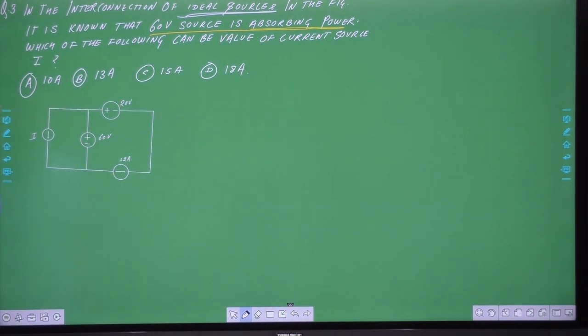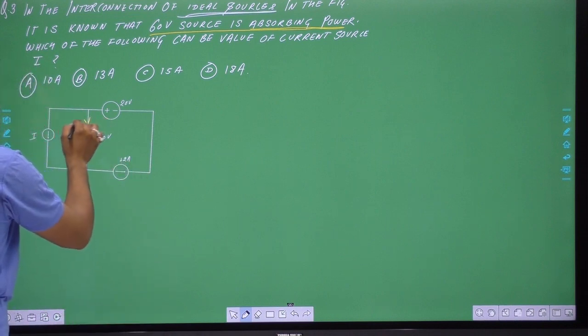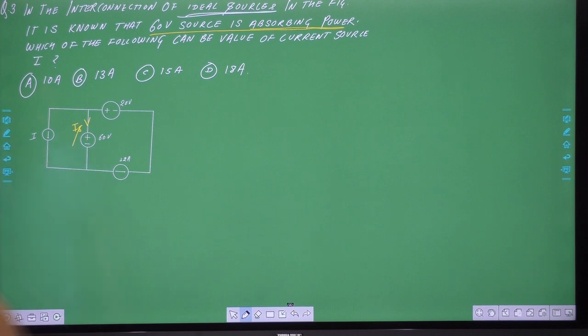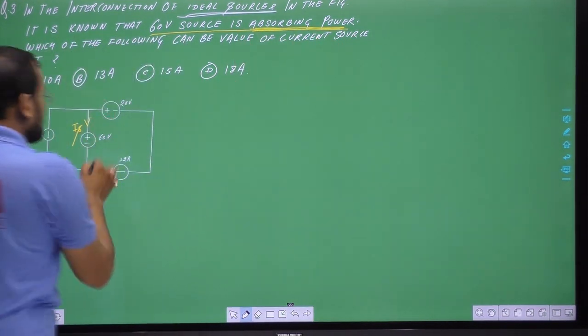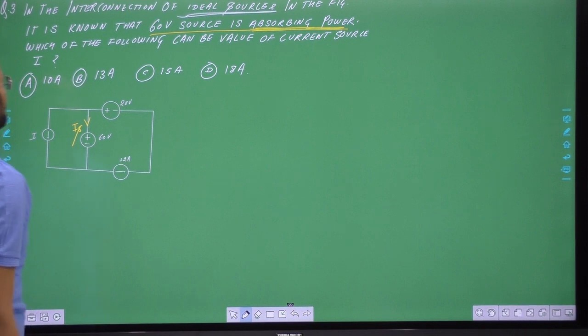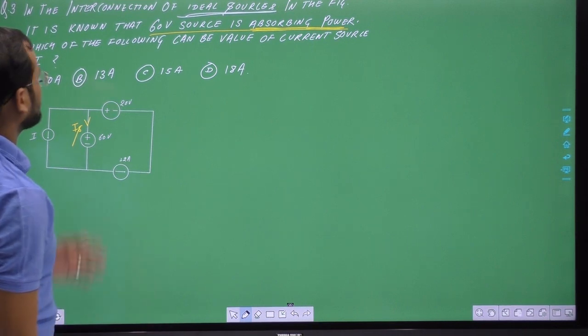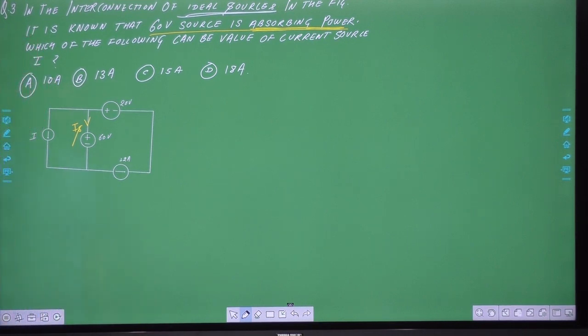If the 60 volt source is absorbing power, then it is clear that current will flow in the 60 volt source. So we take this sign by the definition given to us. Which of the following can be the value of the current source I? So we have to find the value of the current source I.